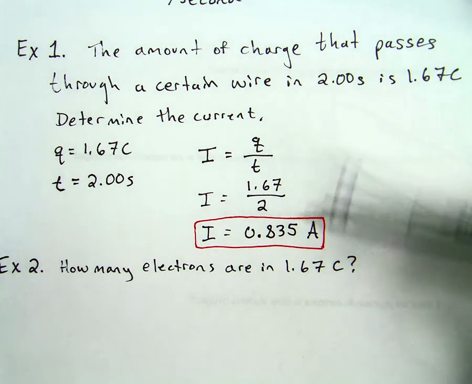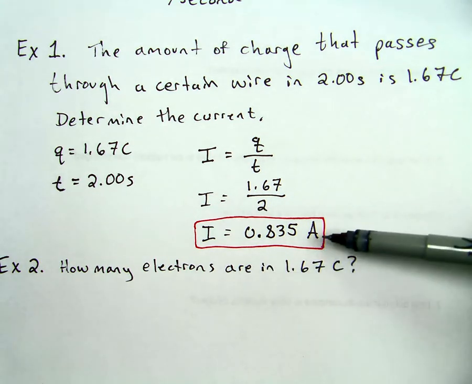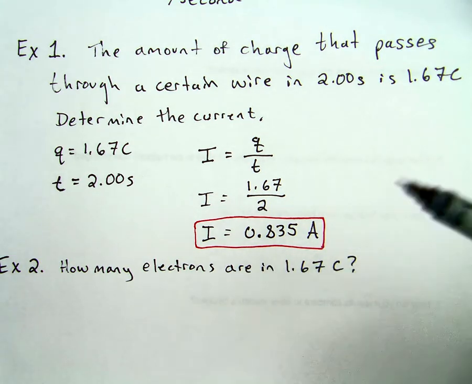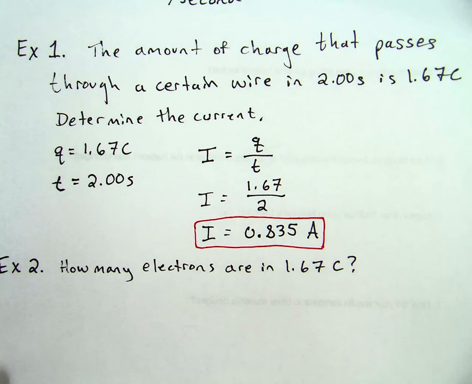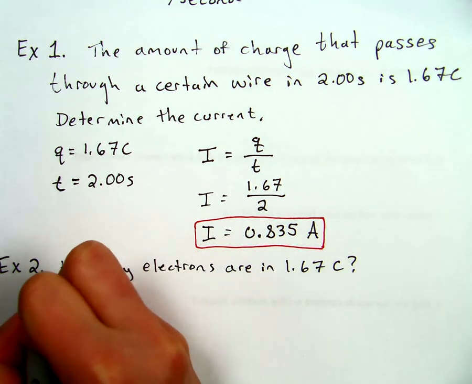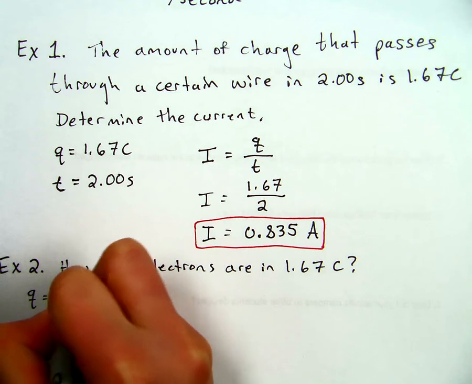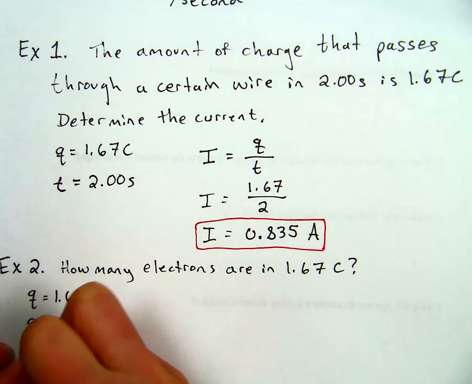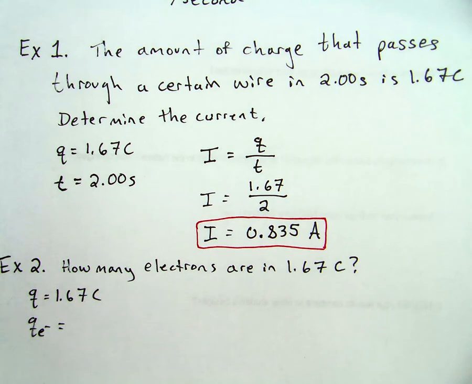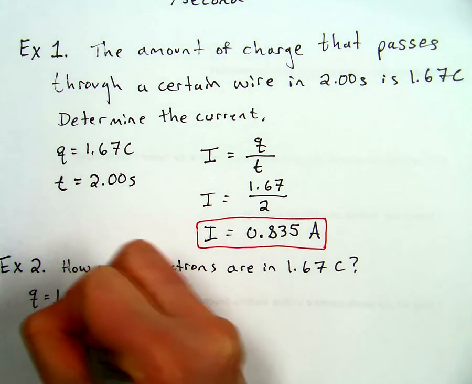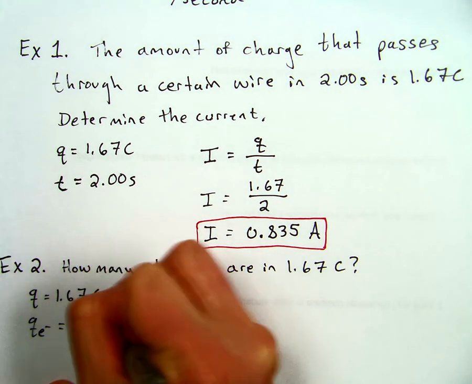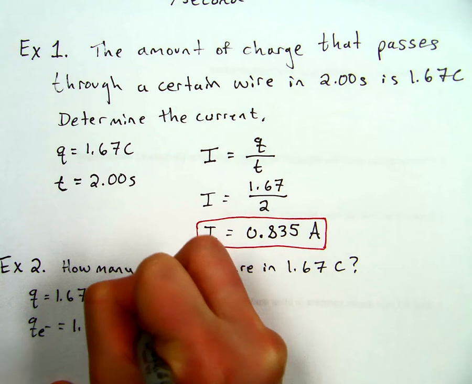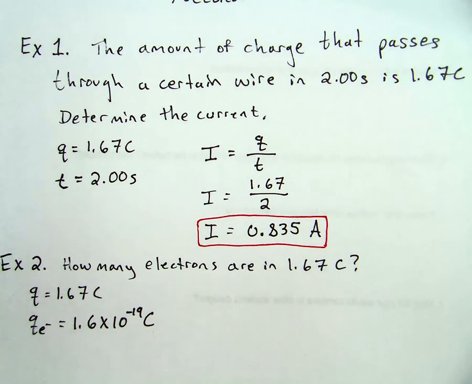So I want to show you exactly how many electrons are associated with this current. Okay. So we have our charge, 1.67 coulombs, and we also have the charge of an electron. Now this is a number you don't have to memorize. This will be on your reference table, but it's 1.6 times 10 to the negative 19th coulombs.